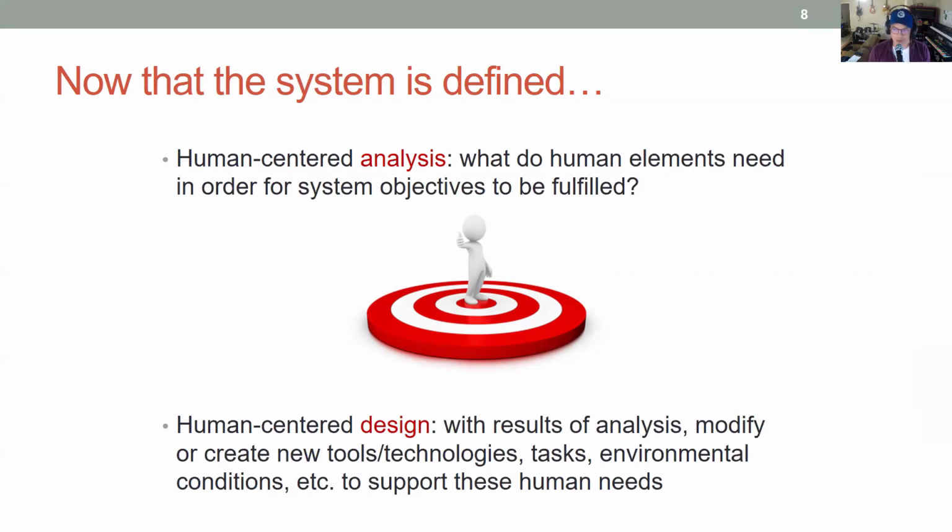So we'll give some examples in the 1.4 version of the lecture. But then once we know where the problems are, we're not done yet. We need to come up with solutions. So it's find the problem with the analysis, or understand the problem and the root of the problem through the analysis, design to fix that problem. All right.